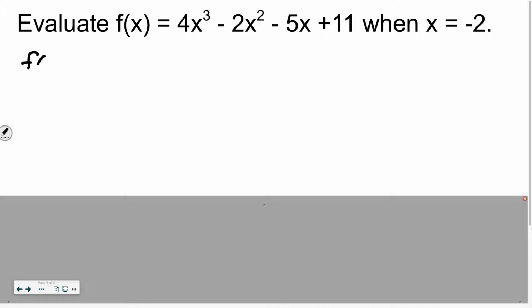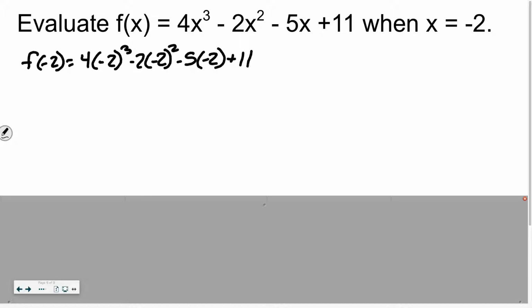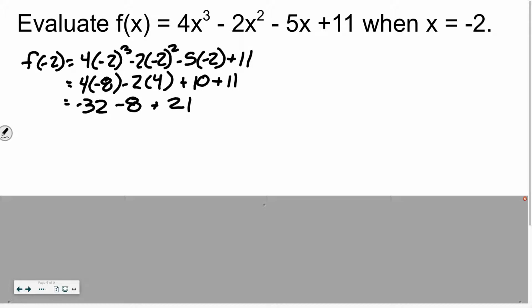So if I wanted to do f of -2, I would do 4 times -2 cubed minus 2 times -2 squared minus 5 times -2 plus 11. That's 4 times -8 minus 2 times 4 plus 10 plus 11. So that's -32 minus 8 plus 21. So what is that? -40 plus 21, -19?